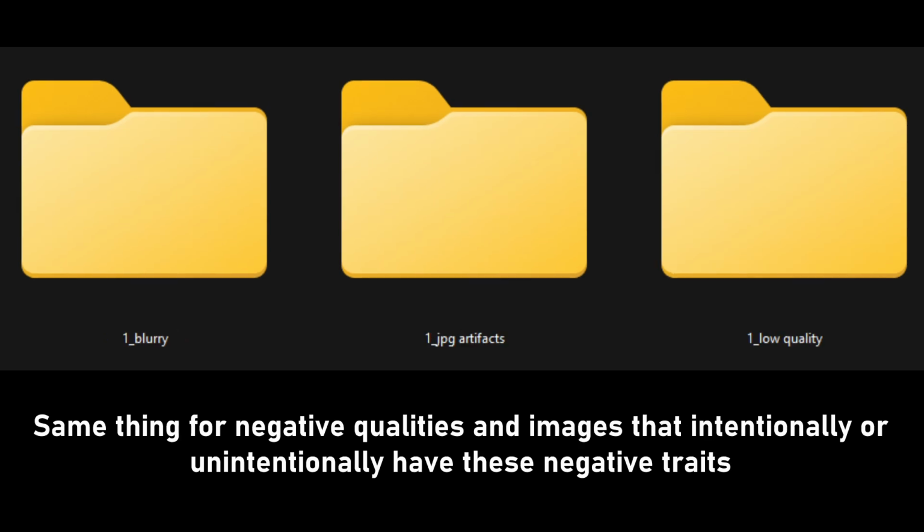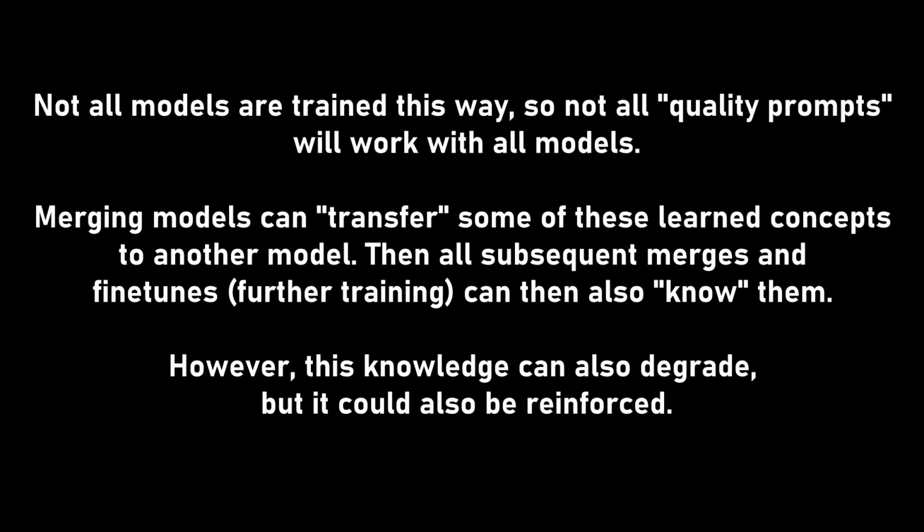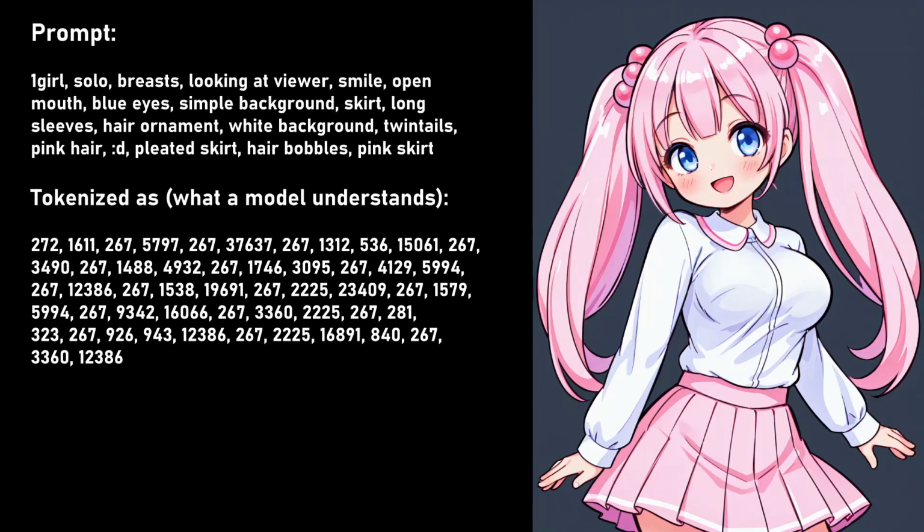This is due to how datasets can be structured, splitting them by raw pixel quality in different subfolders, and tagging them as such. Thus, these prompts mostly only work in those specific models trained that way, or in checkpoint merges that contain these specific learned weights. Other more esoteric quality prompts can also work due to sheer chance, due to how learning works, and how tokens work.